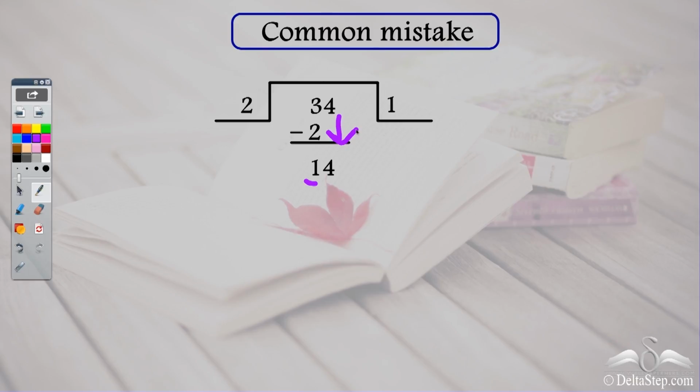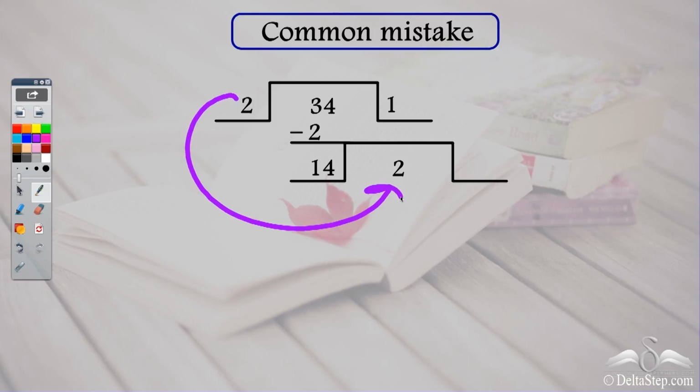Now at times we think that this 14 is the remainder of this division. So we treat this 14 as the divisor because the remainder becomes the divisor of the next step. We bring this 2 here and try to divide this 2 by 14.